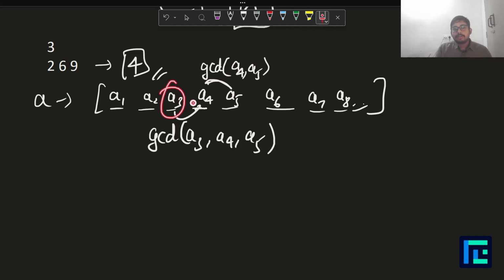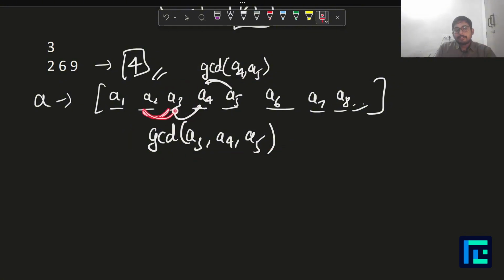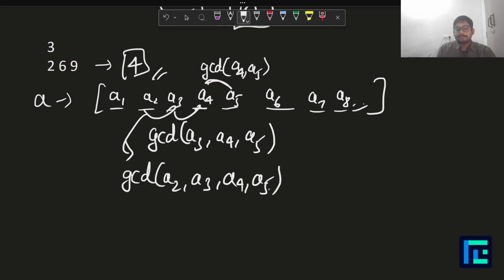So GCD of A3 with the GCD of A4, A5 is actually the GCD of all the three numbers. And the same way, if you perform an operation here after that, then you are basically taking GCD of A2 with the GCD of A3, A4, A5. So that would become GCD of A2, A3, A4, A5.